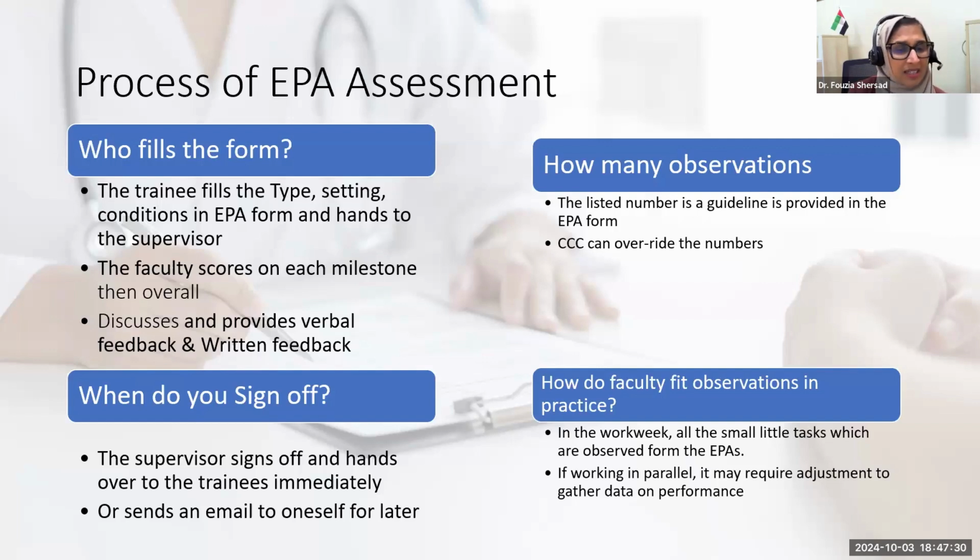So it is not an additional task, hopefully. The only problem is sometimes you find that the trainee works in parallel with you and you have your own work, so it is difficult to assess while the work is being done, and you may have to do some adjustments to make sure that observations fit into your practice.